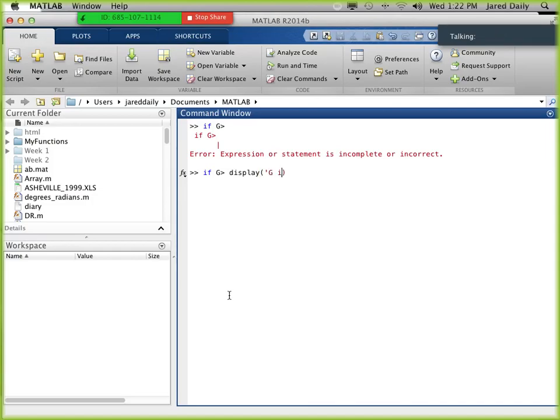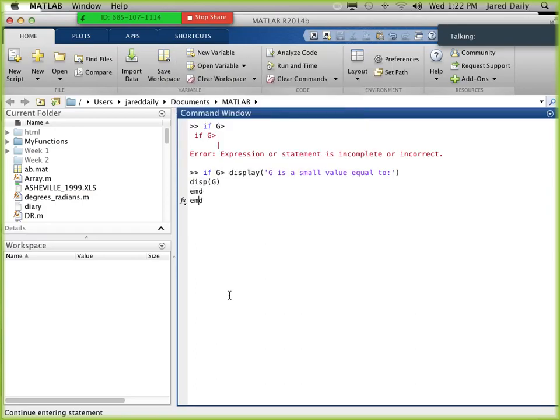G is a small value, equal to, display G. Let's see what happens.